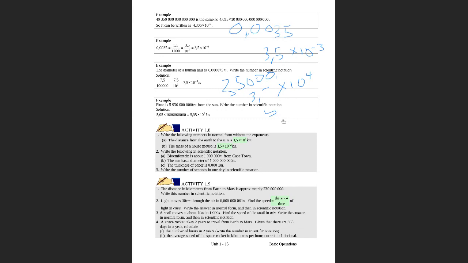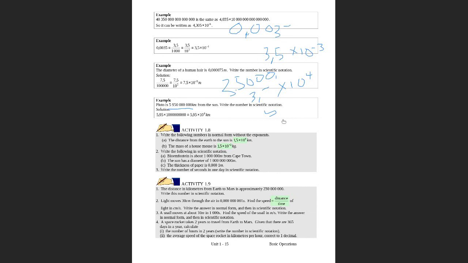Here it's a huge number. It says the distance from Pluto to the Sun, which is a very huge number. The reason why we are using scientific notation is that in science, numbers are huge. So in order for the numbers to be made simple for everybody, that's why we are using scientific notation. So here, the comma is here.